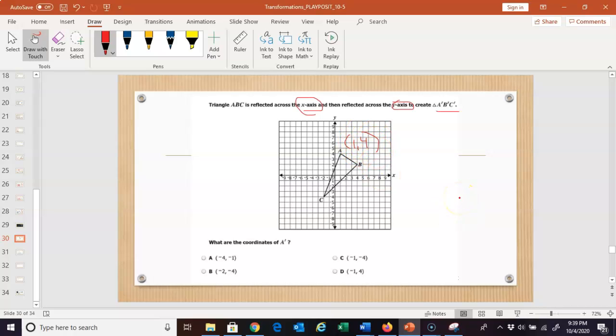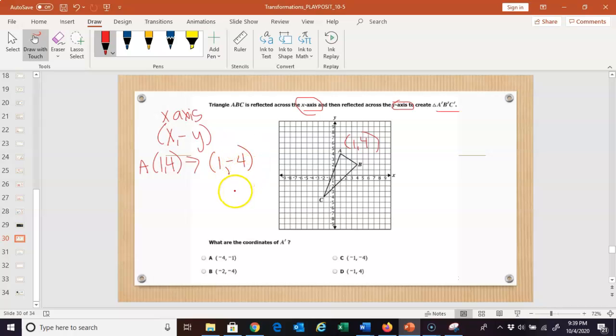Now again, if you're visual, you can do this, but I'm going to use the rules. So we talked about the rule for a reflection across the x. Remember, that is x, negative y. So first, I'm going to take coordinate point A, and I'm going to make the y negative.